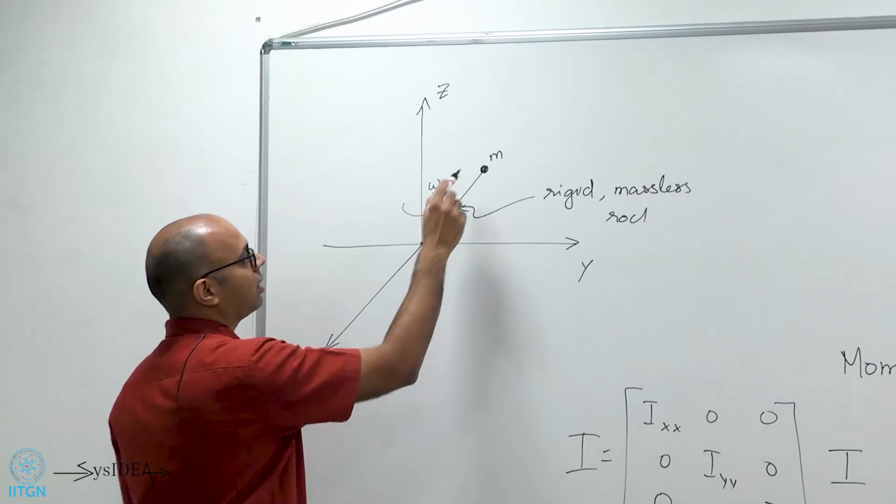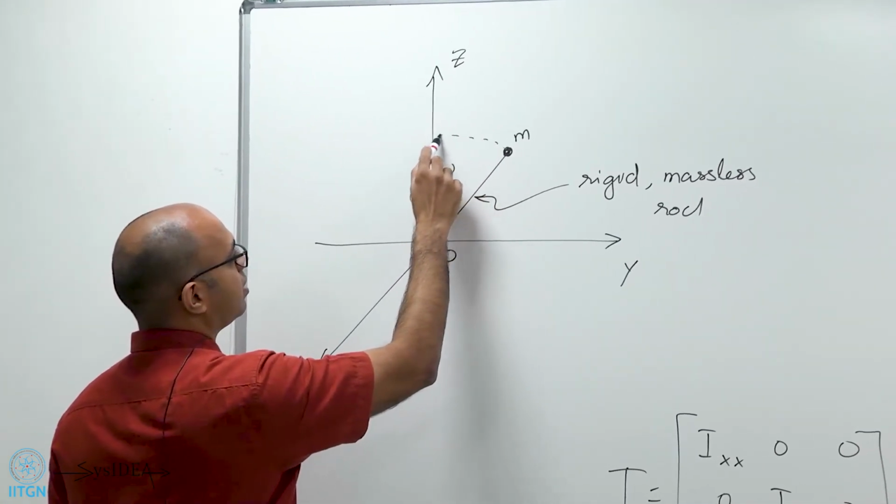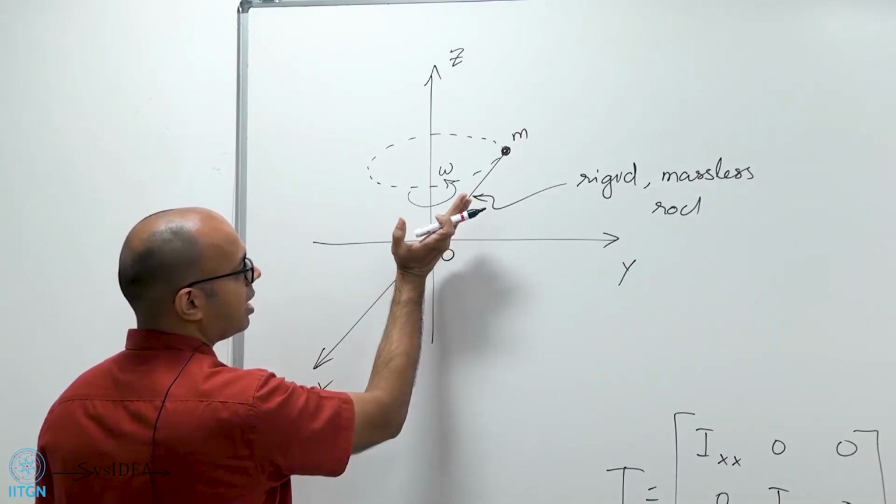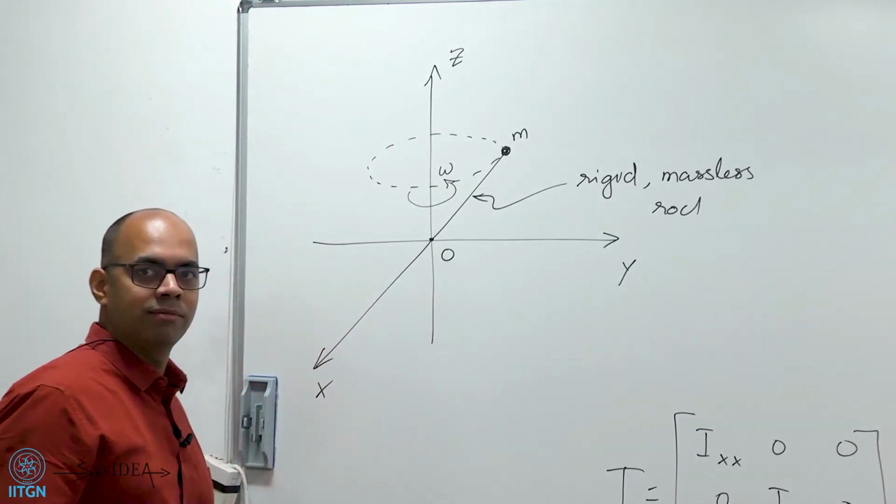So essentially what is happening is this point mass will be tracing a circle and this whole rigid massless rod will be tracing a cone.